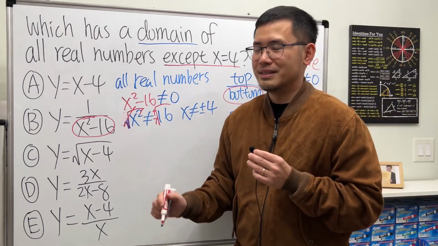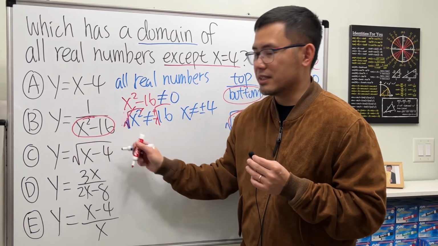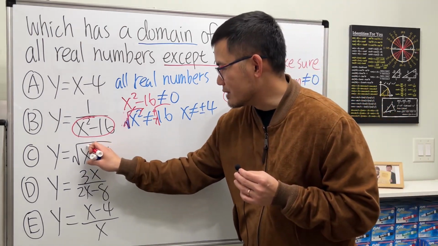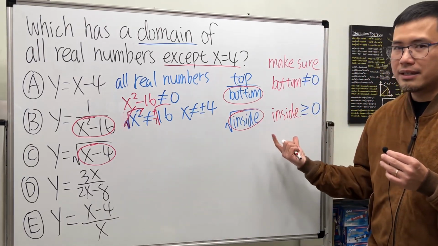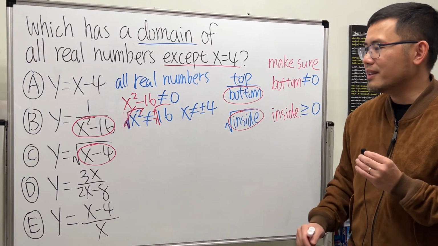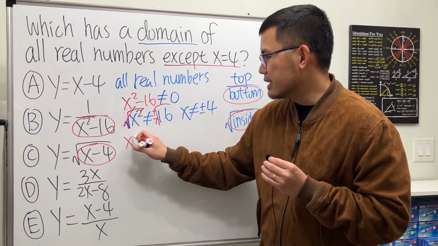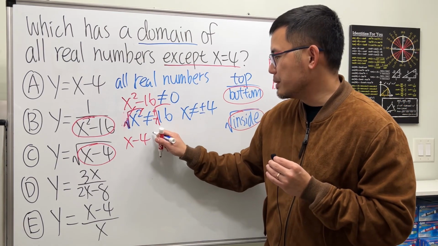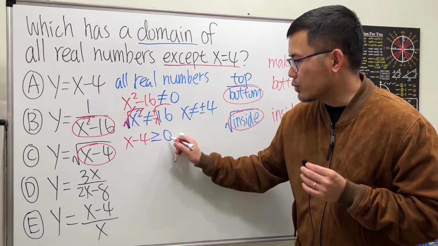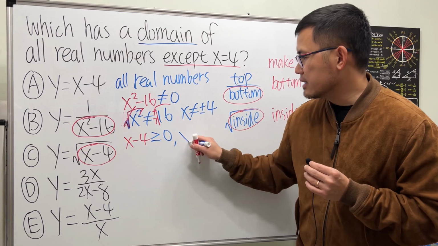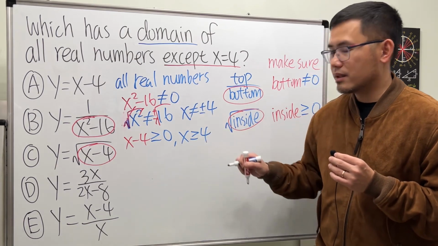Now for the next one, we have square root of x minus 4. Oh, we see that we have the x minus 4 inside the square root, so we will have to apply this right here to set out the restriction. We said x minus 4 has to be greater than or equal to 0. Add the 4 to the other side, and we get x has to be greater than or equal to 4.